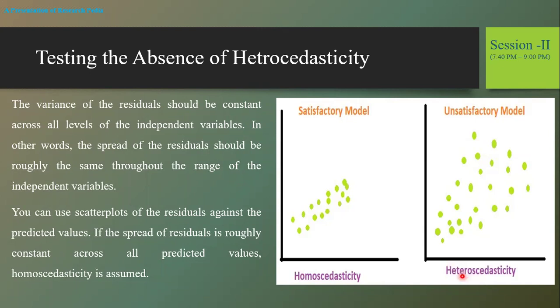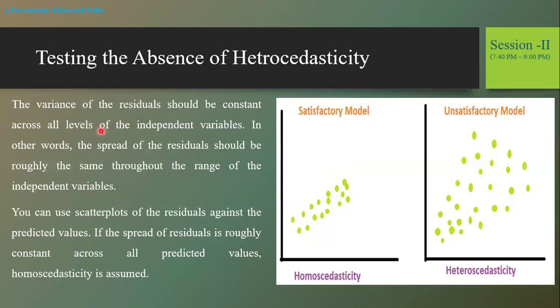So you need to check whether your data contains homoscedasticity, which makes our model satisfactory, or some heteroscedasticity, which makes it an unsatisfactory model. In case of heteroscedasticity, the variance of your data may not be equal at all levels. In case of homoscedasticity, the variances are equal. In case of heteroscedasticity, the variances are not equal.